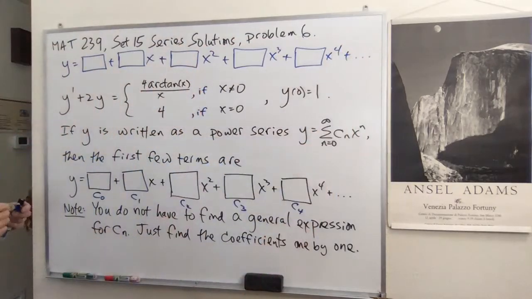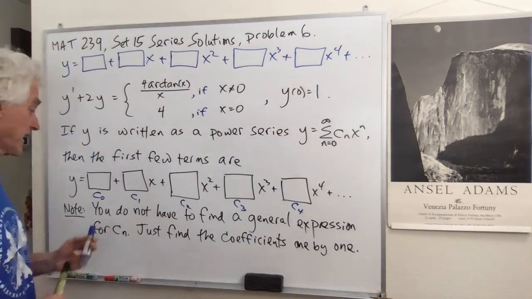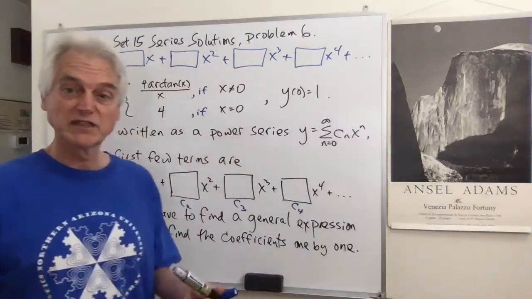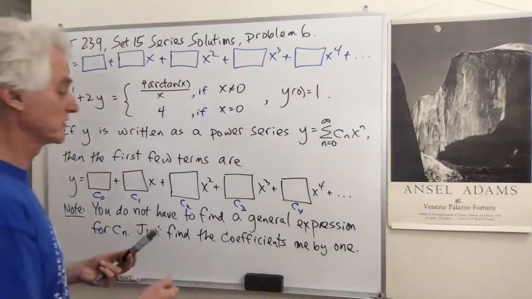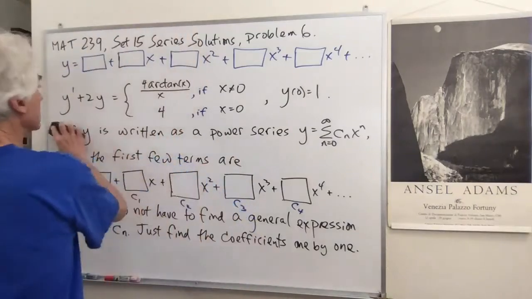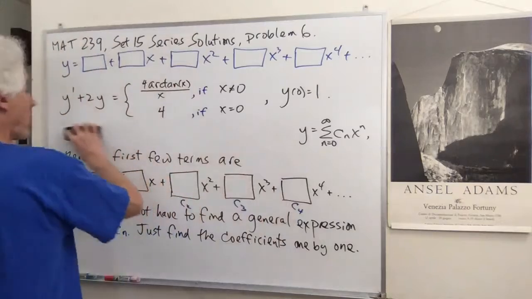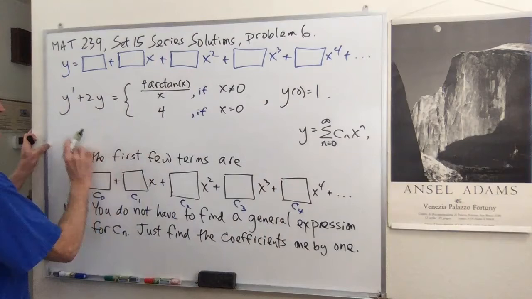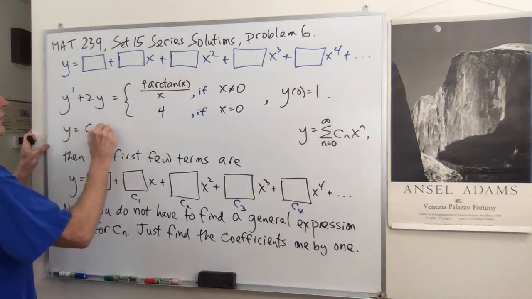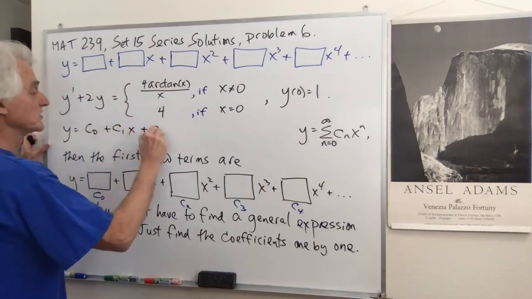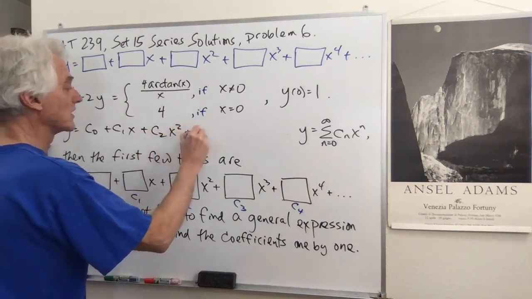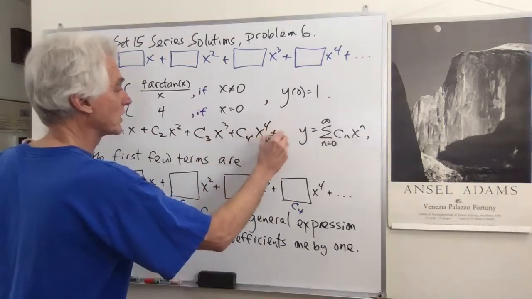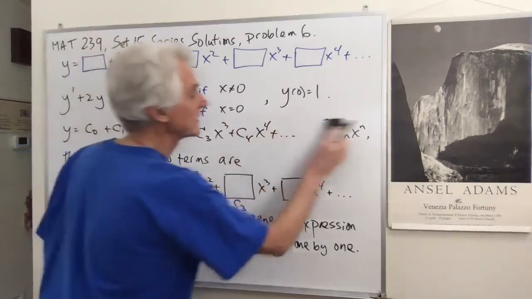I'm not going to use the summation notation. Instead I'm just going to write out what it says: y equals C0 plus C1x plus C2x squared plus C3x cubed plus C4x to the fourth plus dot dot dot. So we just don't need this anymore.